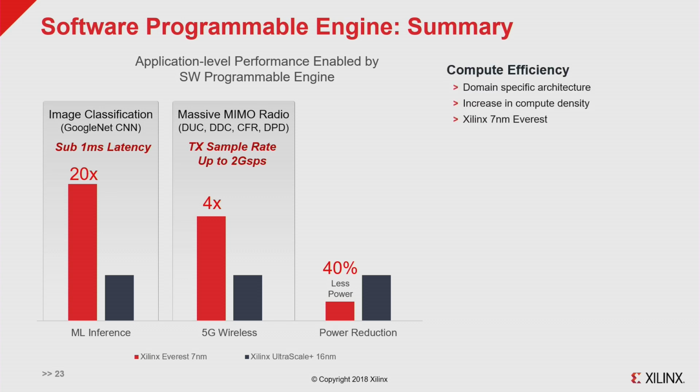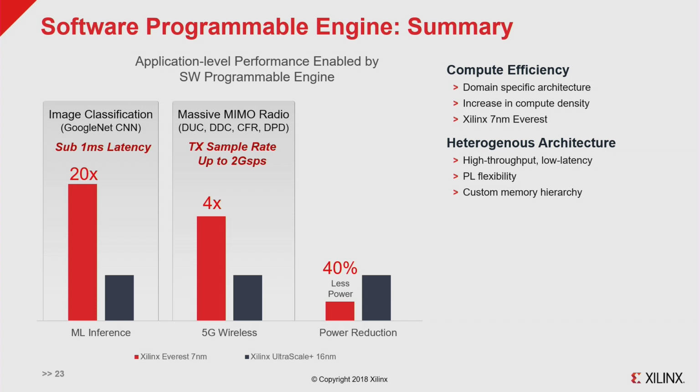Let me just wrap up. Today, I've shown you this new block, giving you more details. It's a domain-specific architecture for machine learning inference and wireless 5G. Increasing compute is going to be hardened. It's taped out this year in 7 nanometer as part of the Everest architecture. Everest is a heterogeneous architecture.